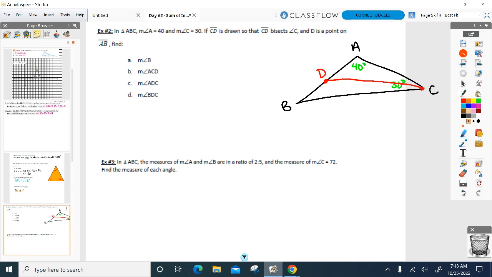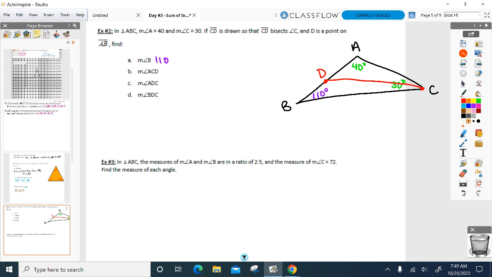We already know 2 out of the 3 angles, don't we? One angle's 40. One angle's 30. What do they have to total up to? 180. Okay, so angle B? 110. There, everyone good? I already know 2 out of 3 angles in triangle ABC. Third angle has to total up to 180, so it's got to be 110.